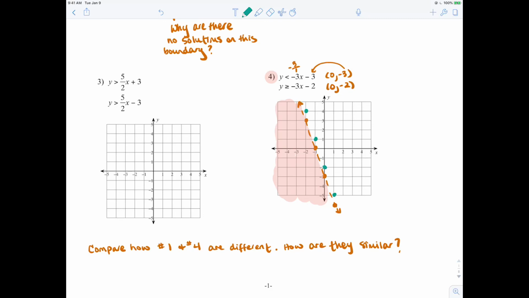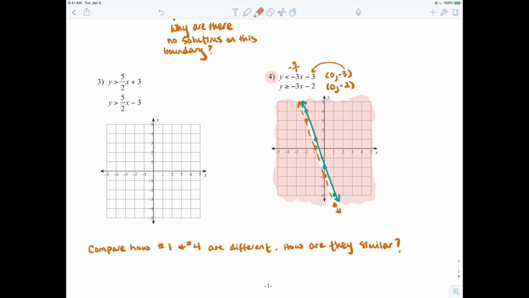And we can connect our points with a solid line, because this one has a solid line in the inequality, it can be equal to. So we would connect these with a solid line. We see as we connect our points that these are parallel again. This is a greater than inequality, so we're going to shade above our inequality.